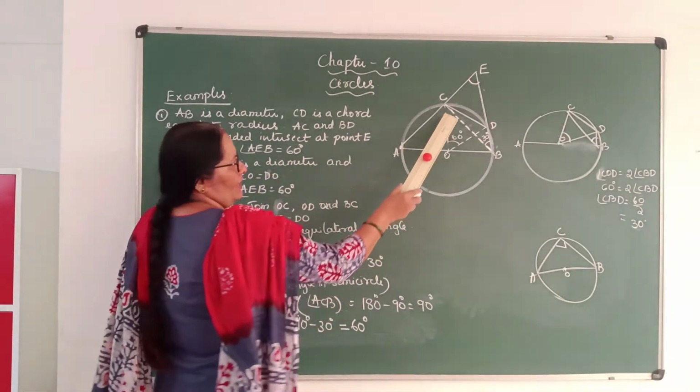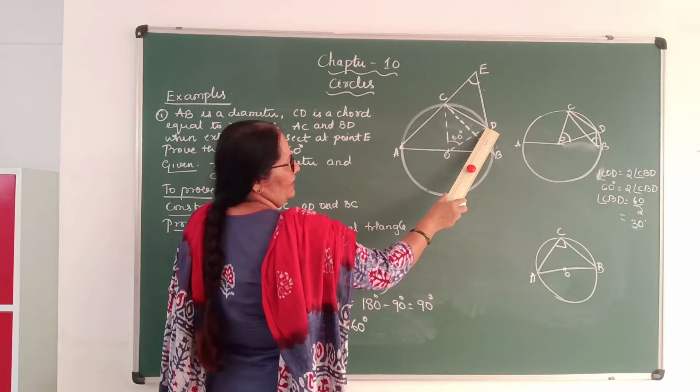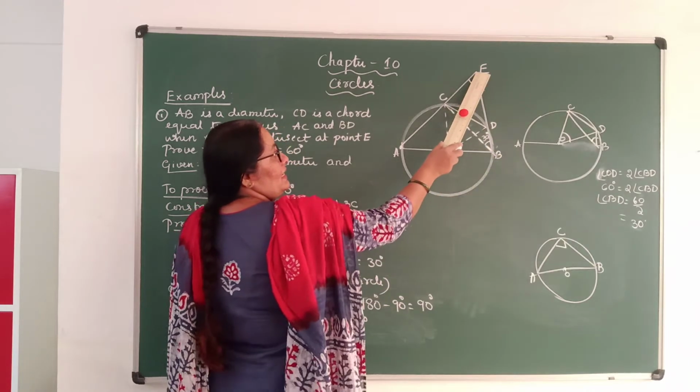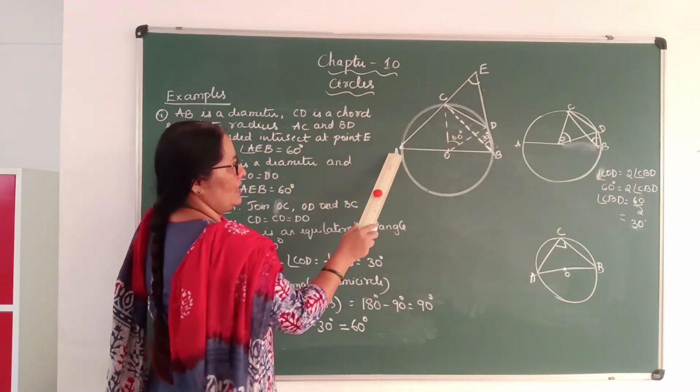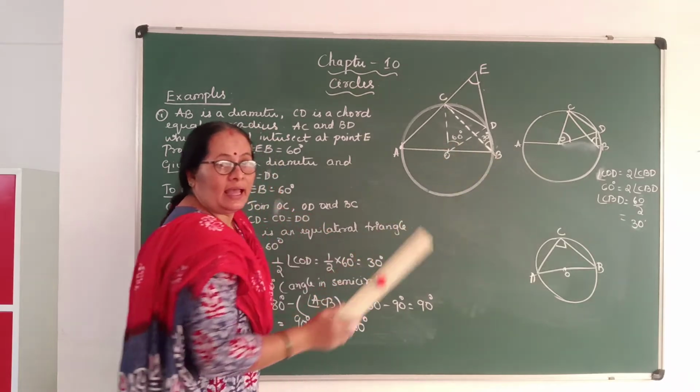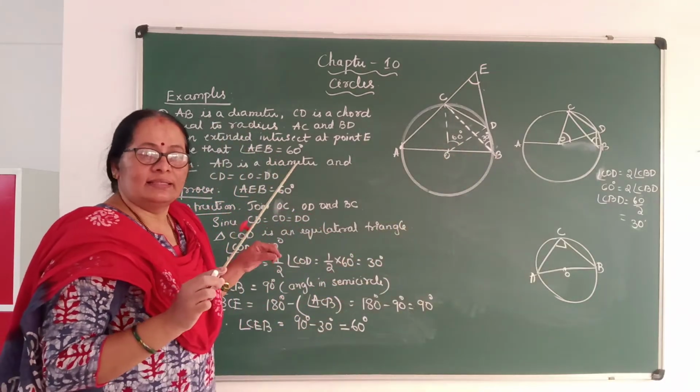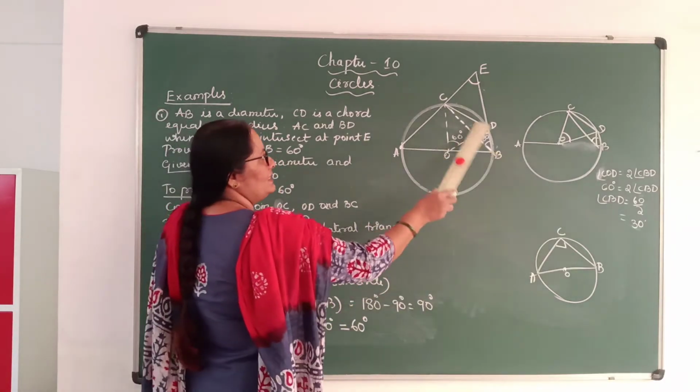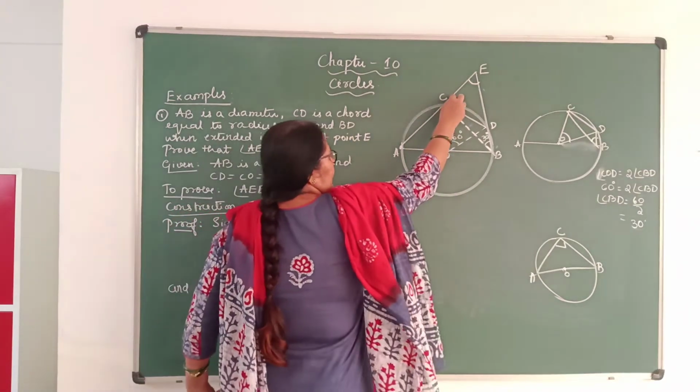Now, angle CBD is 30 degrees and BCE is 90 degrees, because ACB is 90 degrees, the angle subtended in the semicircle.